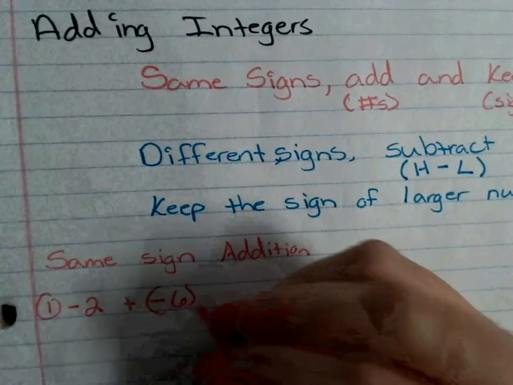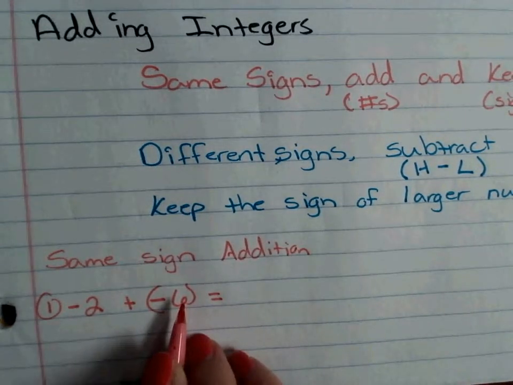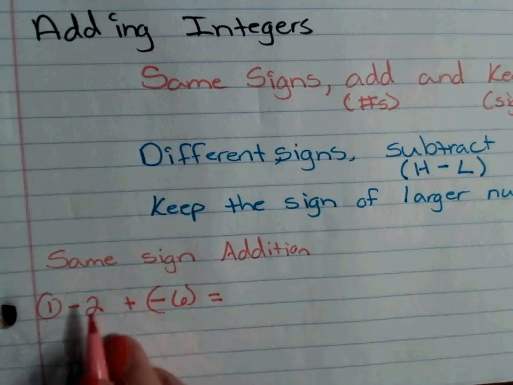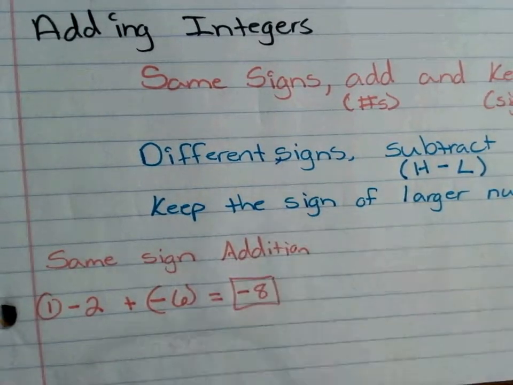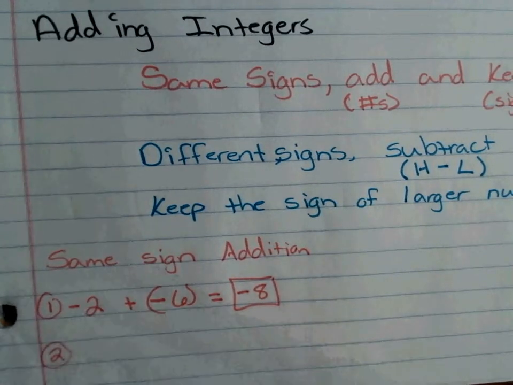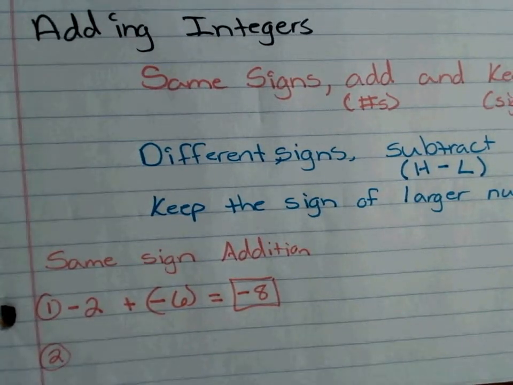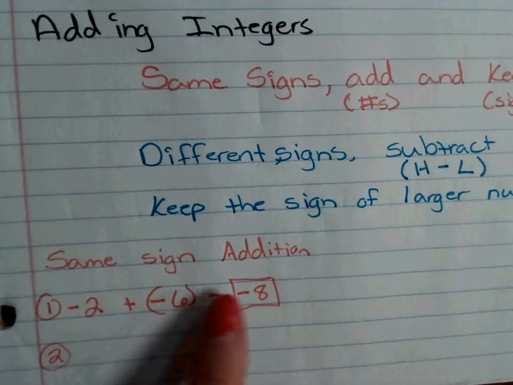So what's 2 plus 6? 8. And then since they're both negative, it's going to be a -8. This is for addition. Okay, same signs, you add and keep the sign. Add the numbers together and keep the sign, so keep the negative.